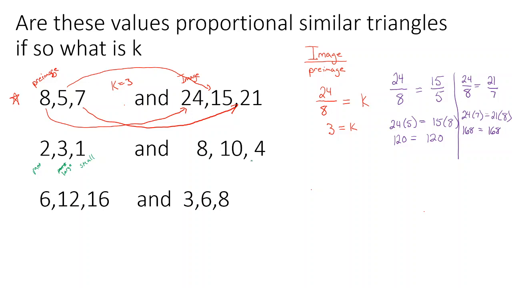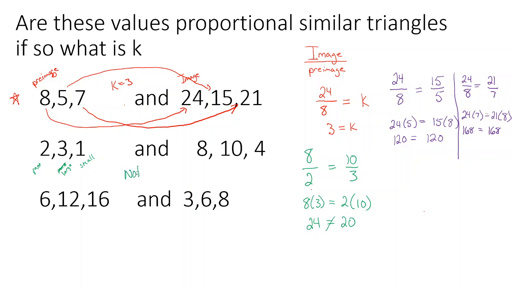So now we'll work with our image over pre-image. So we'll say 8 is to 2 as 10 is to 3. Does that work out? So if we cross multiply, we have 8 times 3 is to 2 times 10. In this case, you'll see that on the one side you have 24, and on the other side you have 20. Those are not equal.